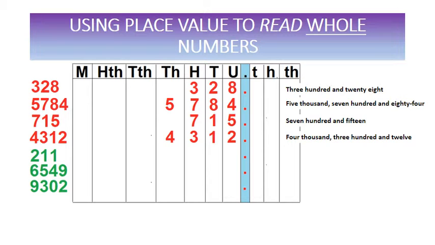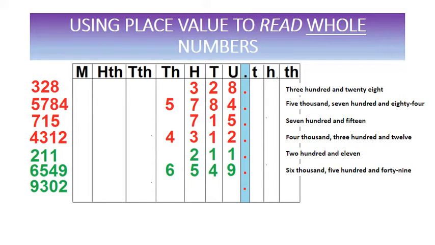And here are some for you to do yourself. If you'd like to, you may want to pause the video at this point. So the first one is 211, then 6,549, and the last one, 9,302.